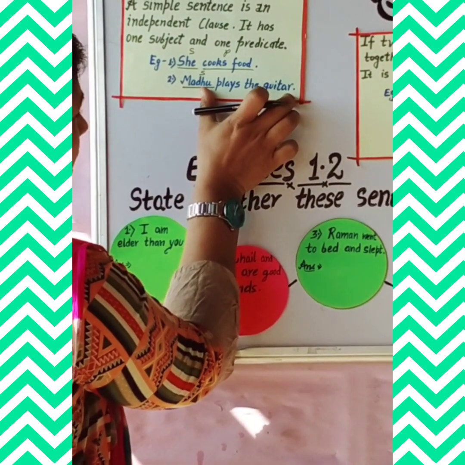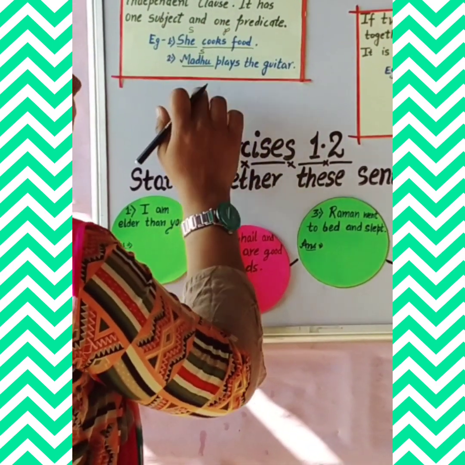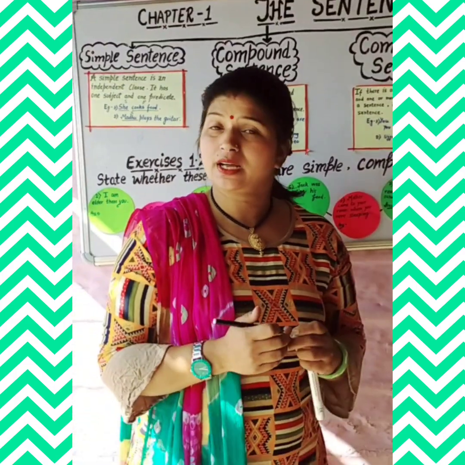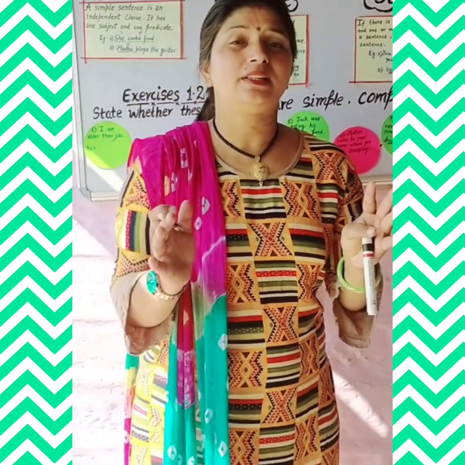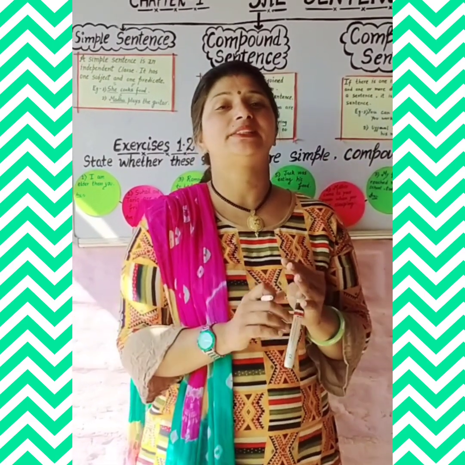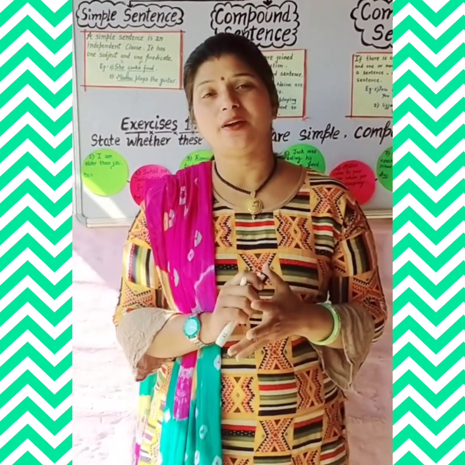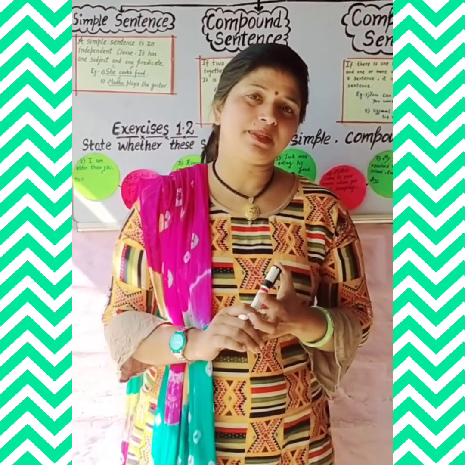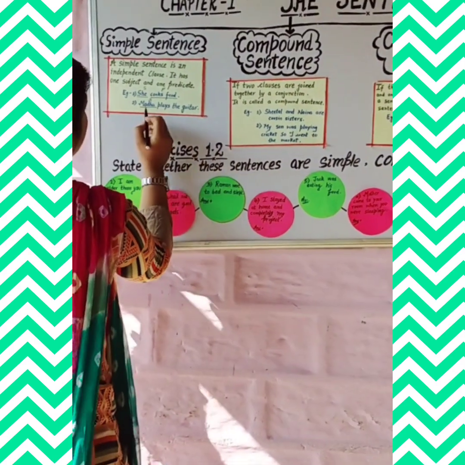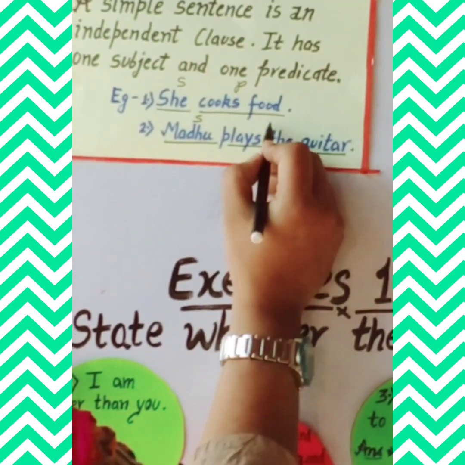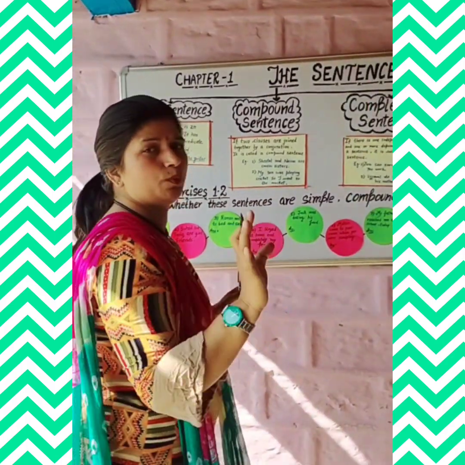It is making proper sense, it means that Madhu plays the guitar. What does Madhu do? She plays the guitar. So this is an independent clause which does not need any other sentence to make a complete sense. These types of sentences are known as simple sentences, and a simple sentence has only one subject and one predicate. Here in Madhu's sentence also there is one subject and the rest is the predicate. Nothing else we need for that.